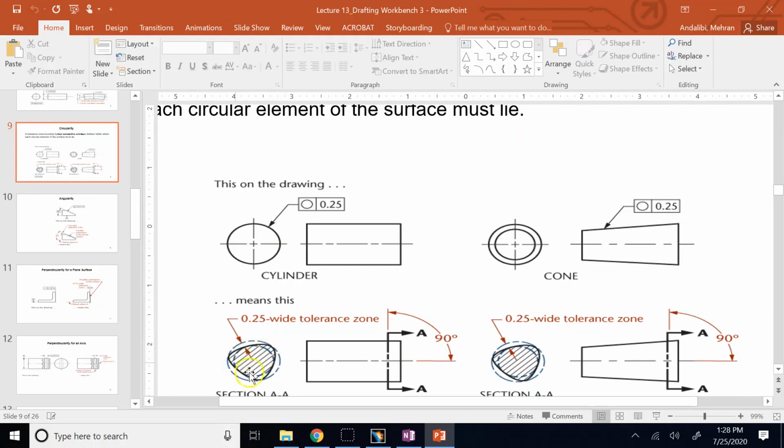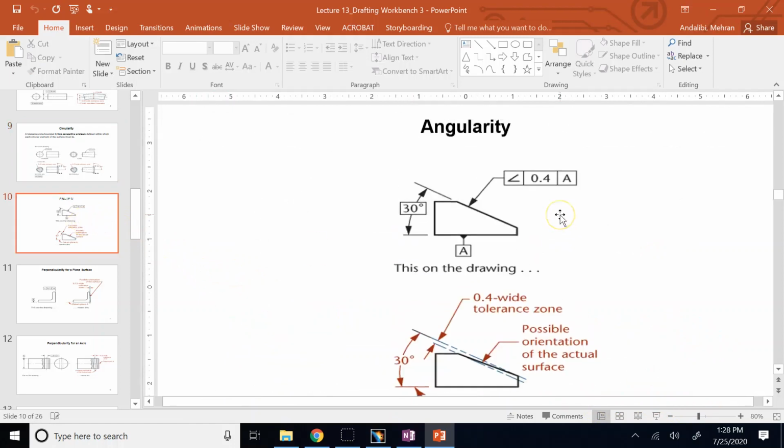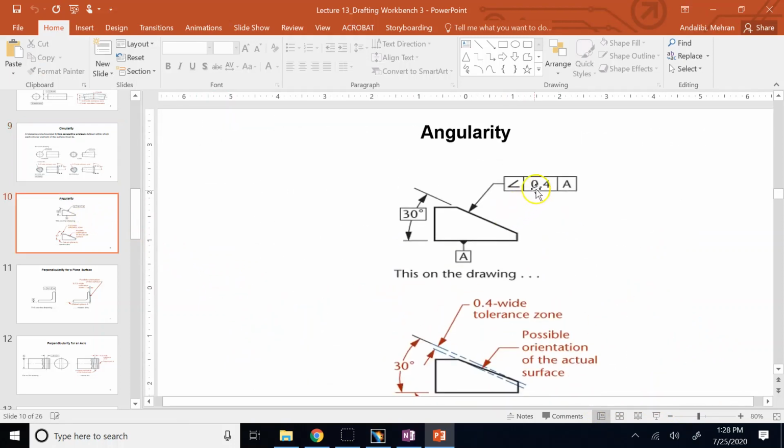So if I draw two concentric circles at the center of this shape, such that any point on this surface lies between the two concentric circles, then the gap between the two circles should not be more than 0.25.